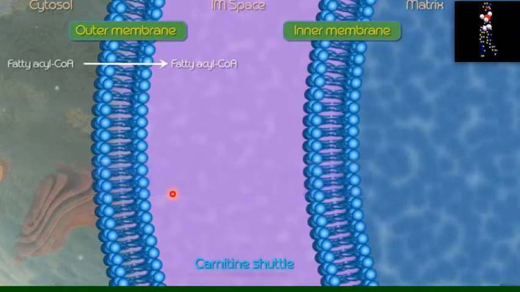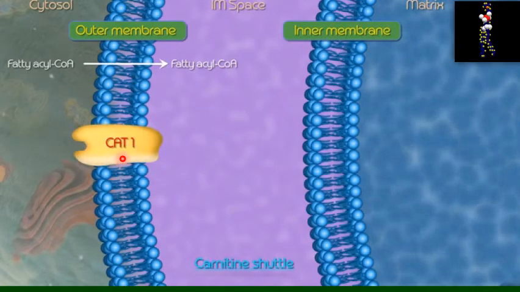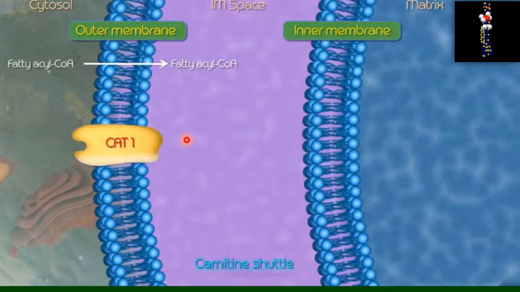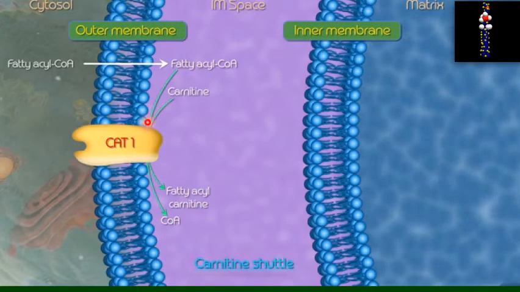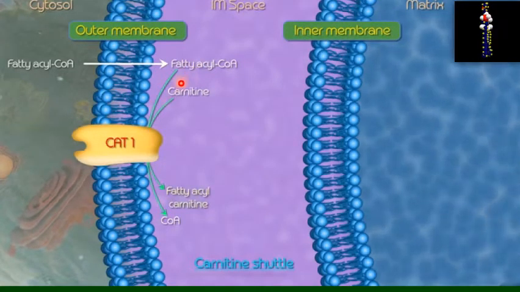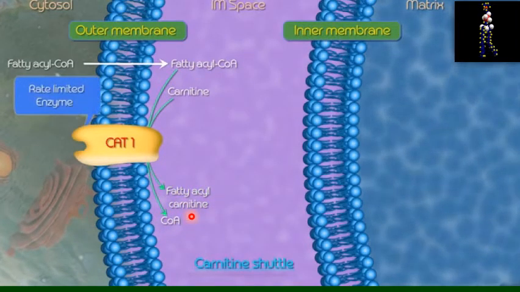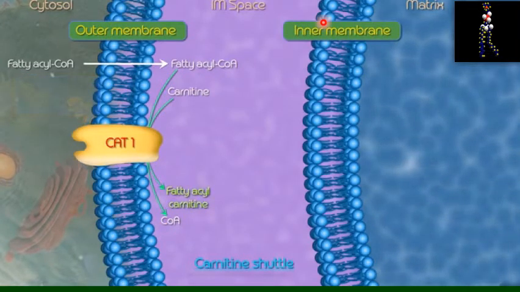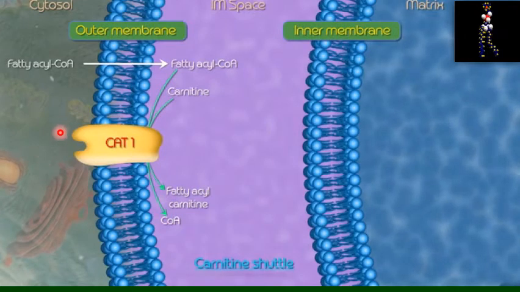The carnitine shuttle transports long chain fatty acids. With the help of carnitine transport protein 1, carnitine attaches with the fatty acyl coenzyme A and converts it into fatty acyl carnitine, releasing the coenzyme A in the cytoplasm for further binding.